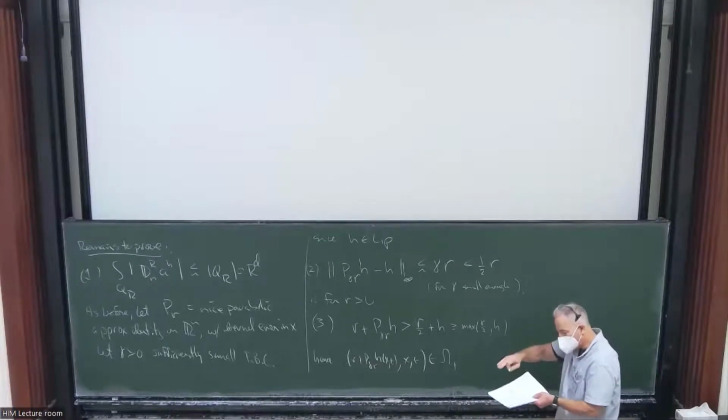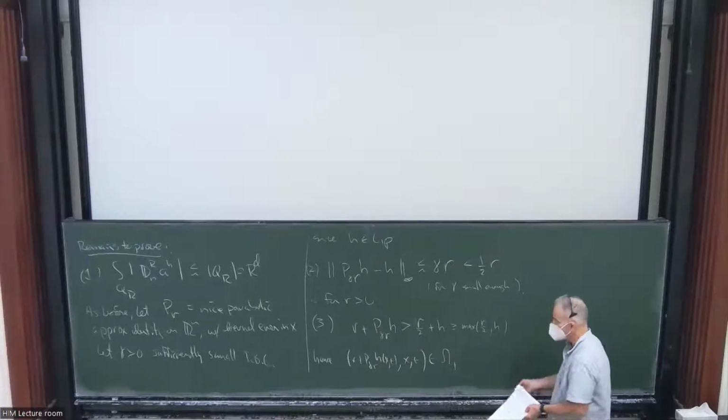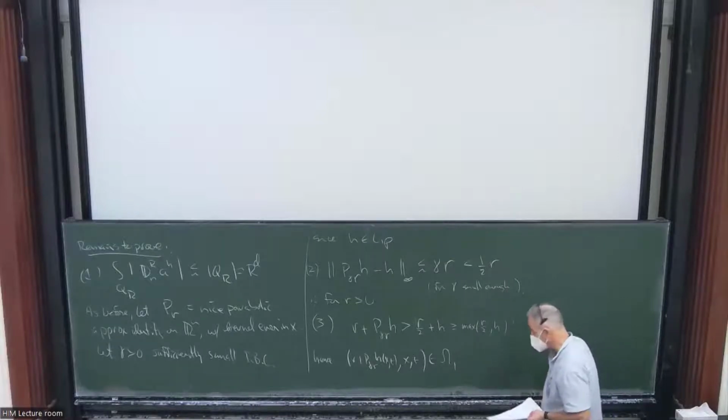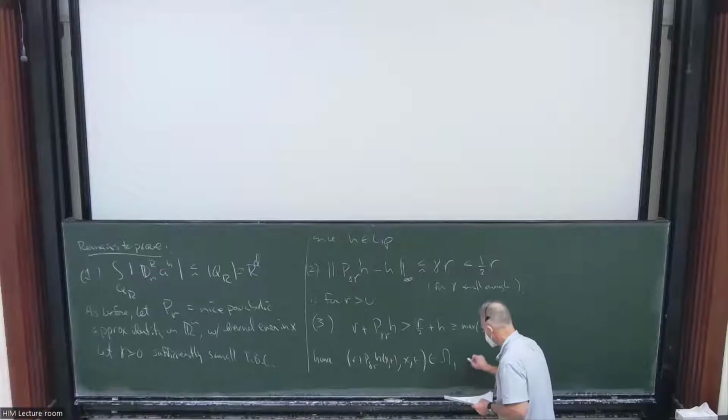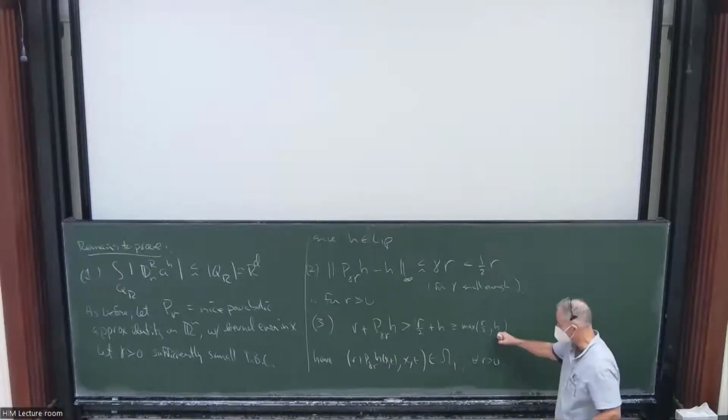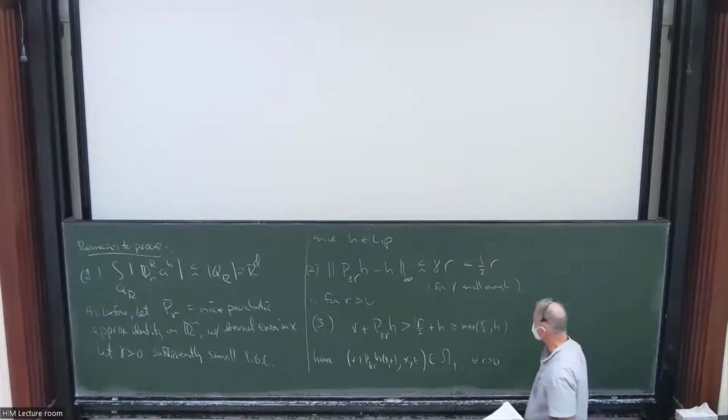That's this domain for the half space, lifted up to lie inside of omega star. And this is for all R positive, because the vertical component is bigger than H, and that's the definition of omega 1.